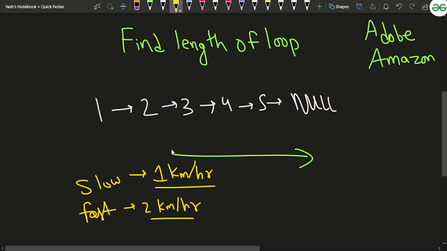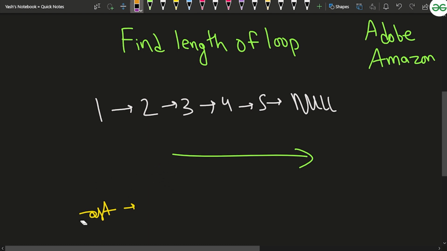If one person is traveling at twice the speed of the other, the faster person will reach the end first, and the slow person will only reach half the distance. So the concept is that if there is no loop existing, then the fast and slow pointers will never meet. But if that is not the case, then they will meet.